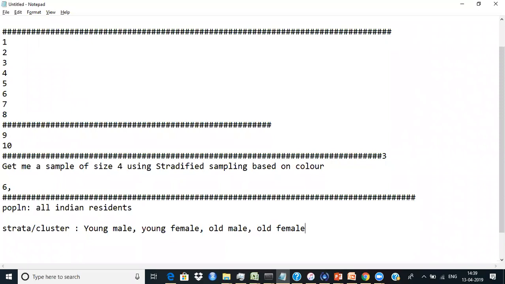So these now become my 4 groups or 4 clusters. Once I have defined these groups, I'll randomly select 1 or 2 groups. So let's say I randomly select one group, and then all my samples will be from this group.